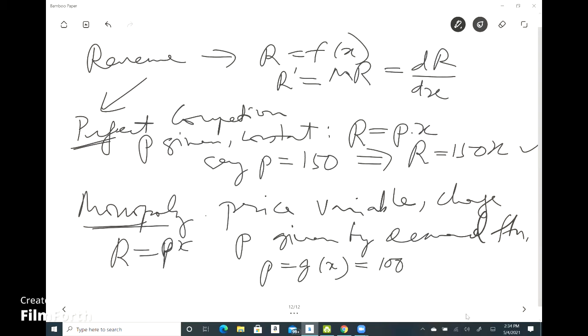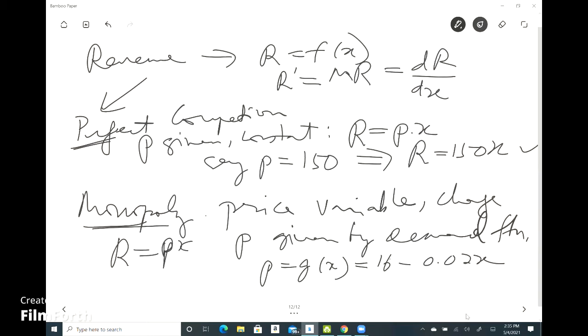And that demand function, for example, we look at the book, go to example number 1. We just use that example. It will be 16 minus 0.02x. So D of x equals 16 minus 0.02x. So that is our demand function. All right.